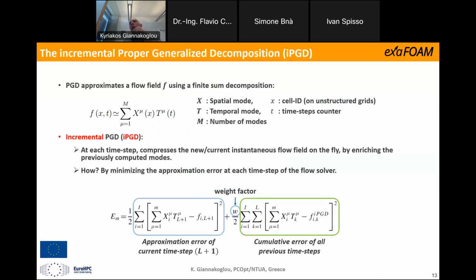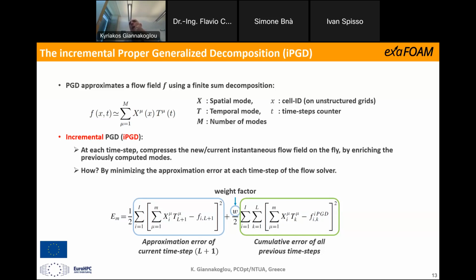I will not stick with mathematics. Allow me to say a couple of words about proper generalized decomposition. PGD, in short, approximates a flow field using a finite sum decomposition, such as the one you see here on the left. It is practically the sum, including M terms. M is the number of modes, and this is user-defined. Each term is the product of X, which is the spatial mode, and T, which is the temporal mode.